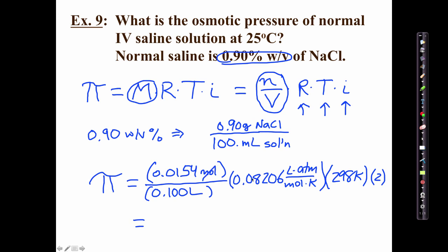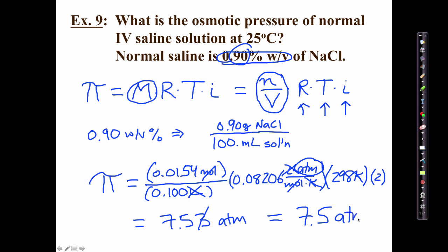And notice moles cancels moles, Kelvin cancels Kelvin, liters cancels liters. We're left with atmospheres, and 0.0154 times 0.08206 times 298 times 2 divided by 0.100 works out to be 7.53 atm, and we were carrying some extra digits in the intermediate calculation, so we started with 2 sig figs, so we should probably round our answer off to 2 sig figs.